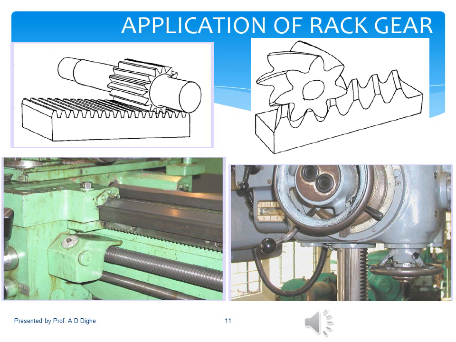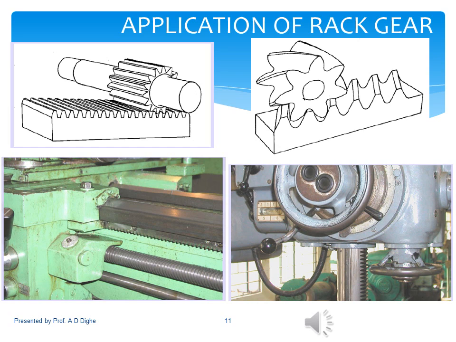The next gear is a rack gear. So what is the application of rack gear? The rack gear is generally used in the lathe bed where we can move the carriage on the lathe bed with the help of a rack gear.